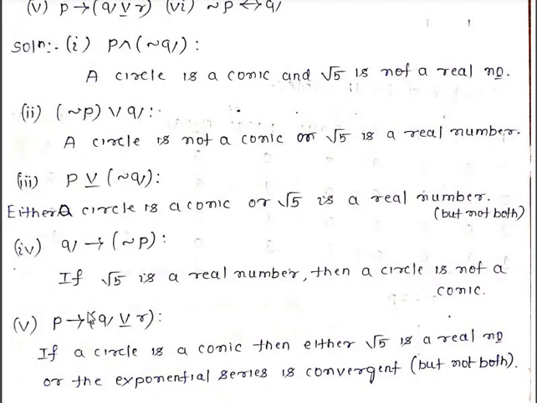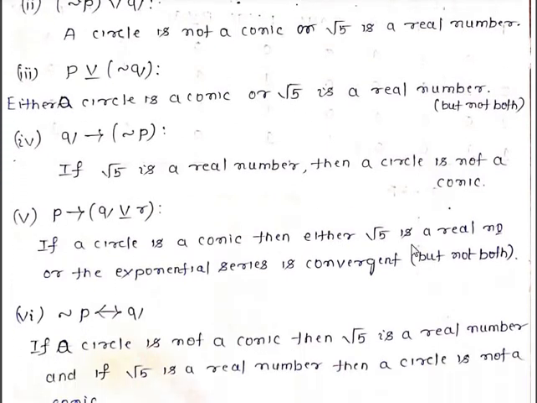Q gives you negation P. If Q, then it gives you negation P. So if square root of 5 is a real number, then a circle is not a conic, since we have negation used here. Next one: P gives Q exclusive disjunction R. When you have this arrow mark, we have to use "if then" in the appropriate places.